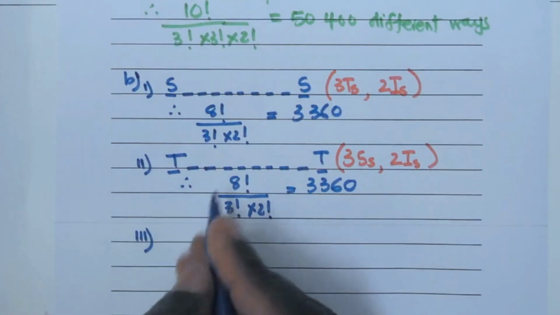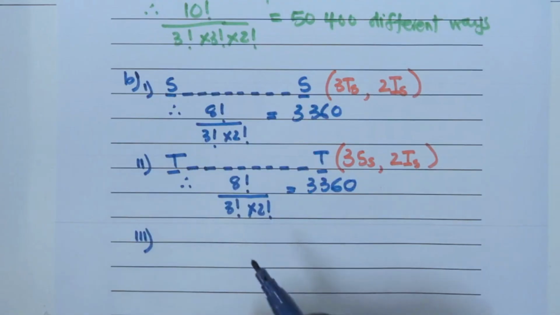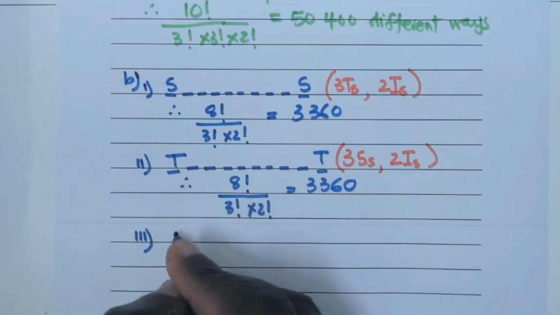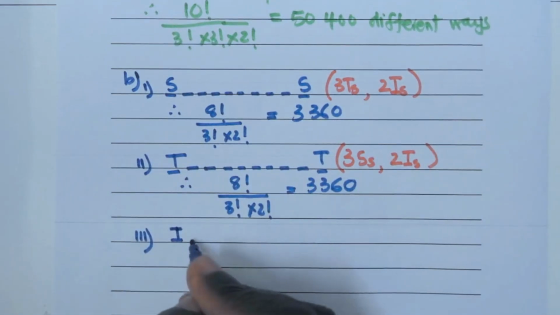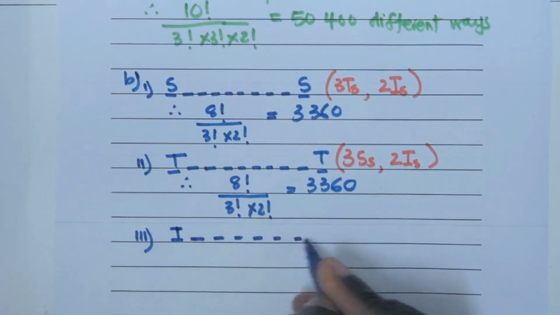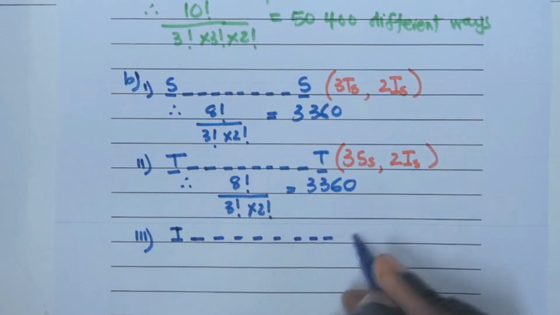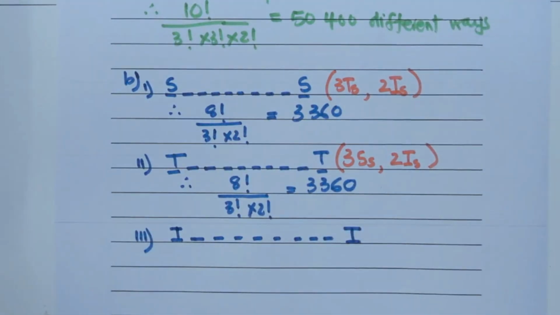Then in the last option, I'm going to start with the letter I, and in between I'm going to have 8, and then I have the letter I here.